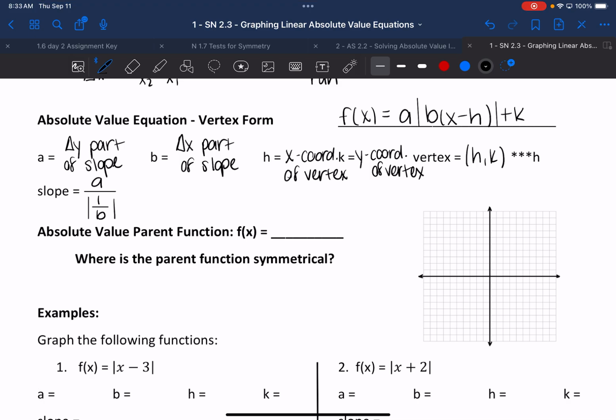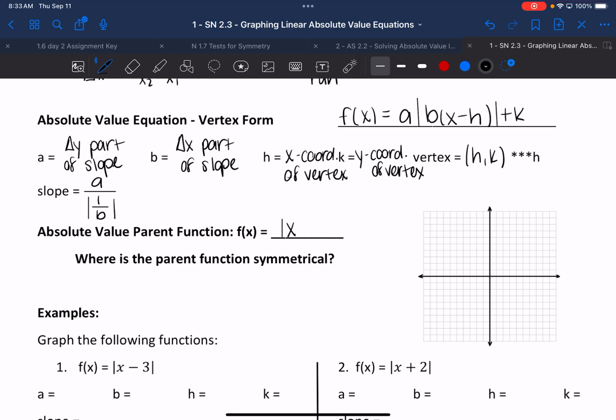As basic as it gets. Okay, that would mean that your a and b must both be 1, right? We'd have a slope of 1. So we wouldn't actually have to put a or b there if they're understood ones. I'd still have my absolute value bar of x. And if I haven't shifted anywhere, h and k should both be what?